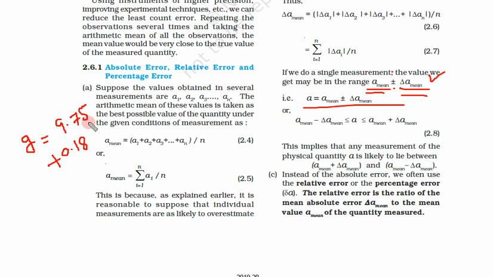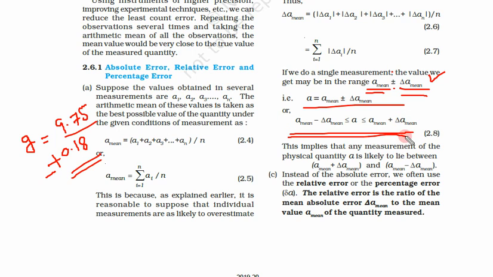So this is the way we write it: any quantity is equal to average value of the quantity plus minus average value of the error, or A mean minus delta A mean must be less than the true value, which must be less than A mean plus delta A mean.